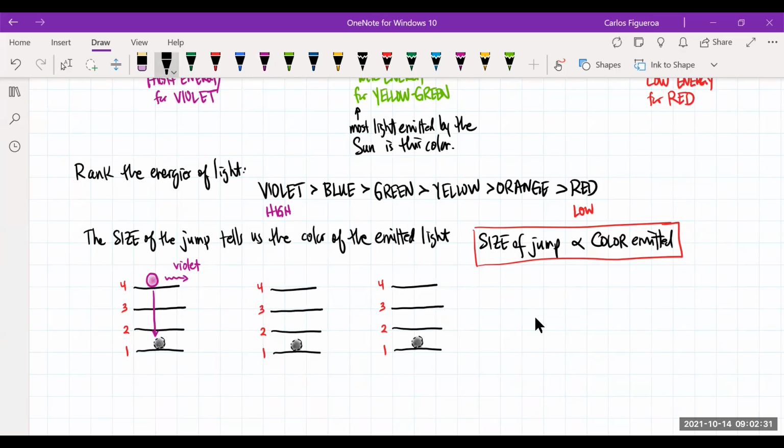So in this case, we say big jump. In this case, we're going from 4 to 1. Then it means you have high light energy.